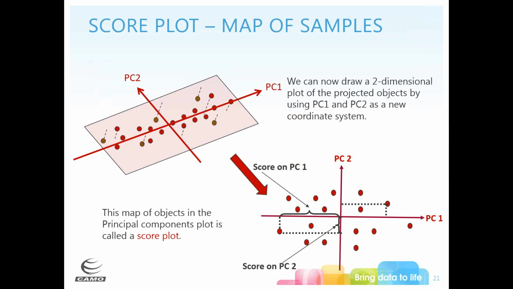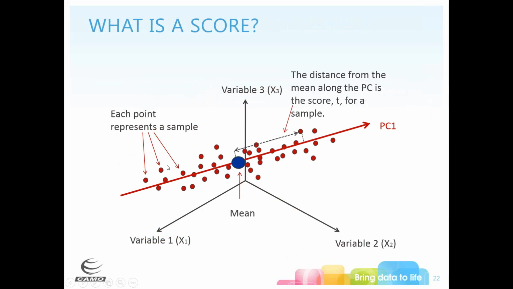So once we've created our new space in principal component space, we want to have a scores plot. The scores tell us where the individual sample falls along this new vector. The center, the mean of our swarm of data, is defined at the center of this principal component.